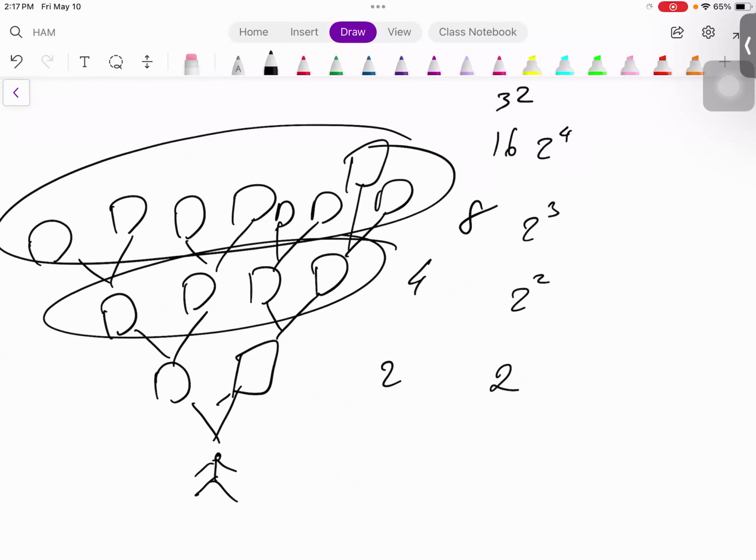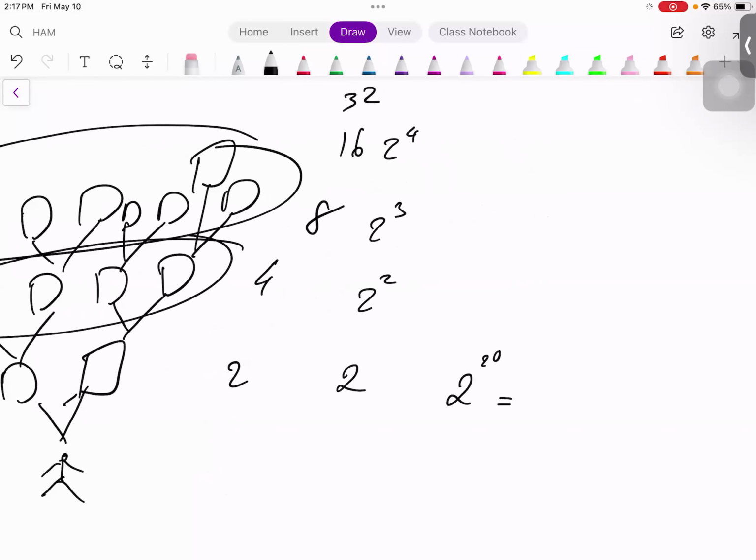Now let's think about this. How many people do we need in 20 generations so that you can be born and exist right now? How do you do the calculation? 2 to the power 20? Can someone use a calculator to give me 2 to the power 20?